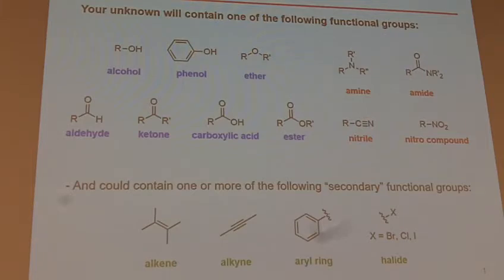The last piece, the halide, remember how to figure that out? Flame test. So you all need to do the Beilstein flame test too, okay? Now, that test just tells you if you have a halide or not. Does it tell you which one?